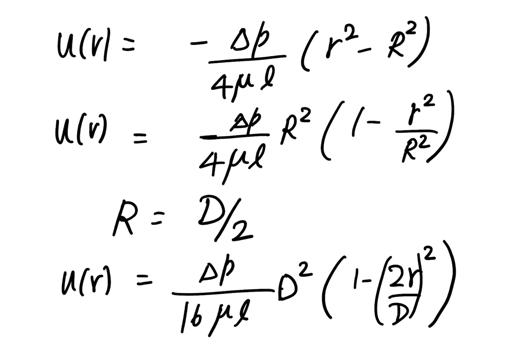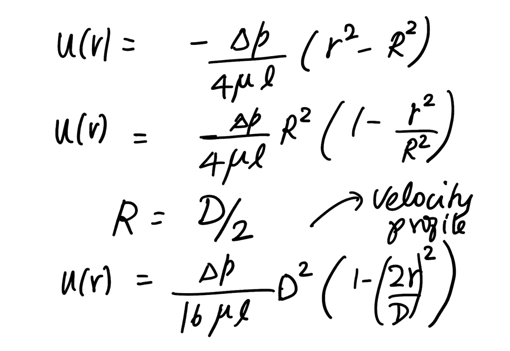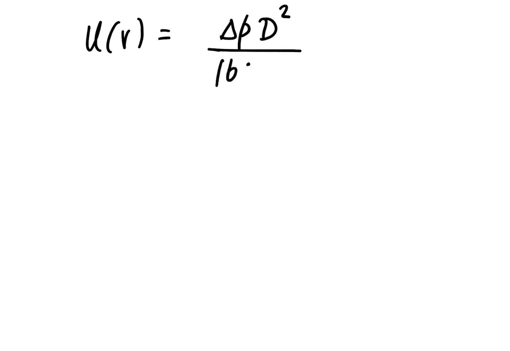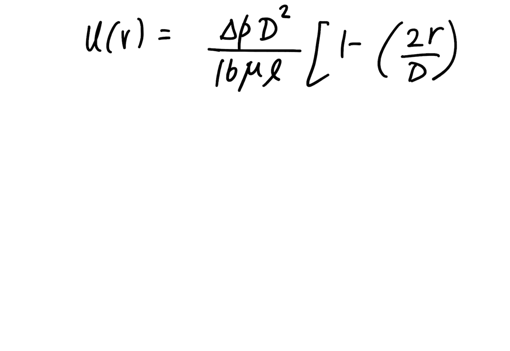That would be the velocity profile. So u of r is written in terms of delta p times d squared divided by 16 mu L times 1 minus 2r by d, the whole square.